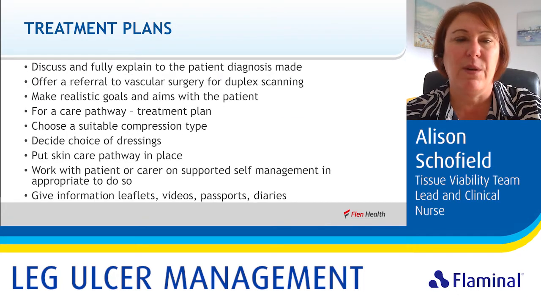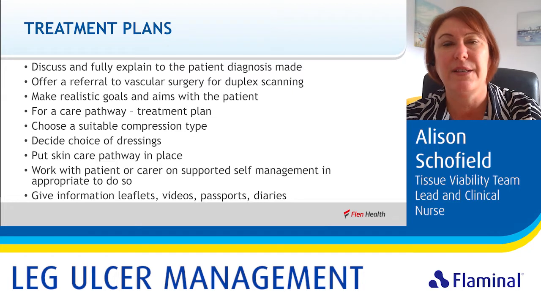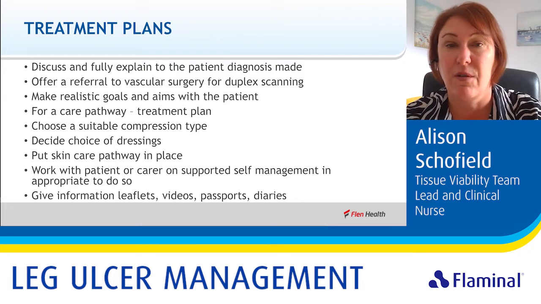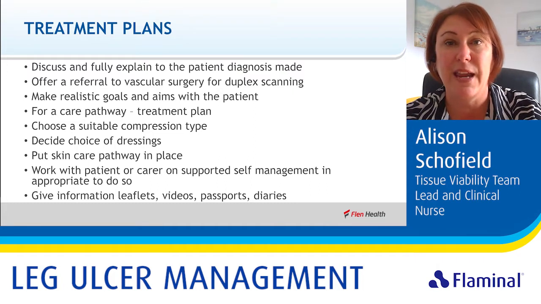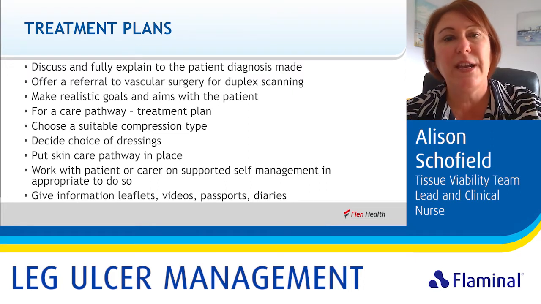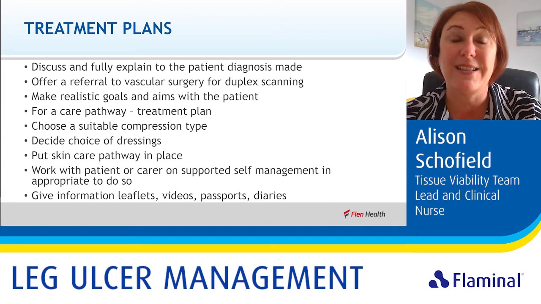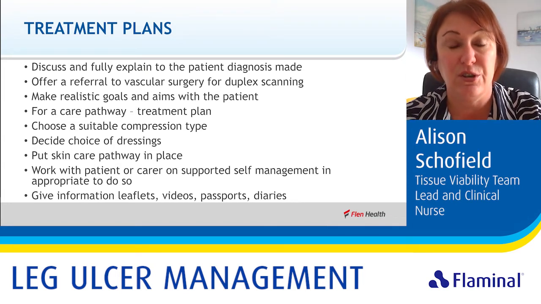So with the management, we need to be looking at our treatment plans. This involves discussing and fully explaining to the patient about the diagnosis that we've made, or our specialist MDT teams have made, for the ulceration. We need to be offering a referral to the patients to vascular, so they can have interventions such as duplex scanning.